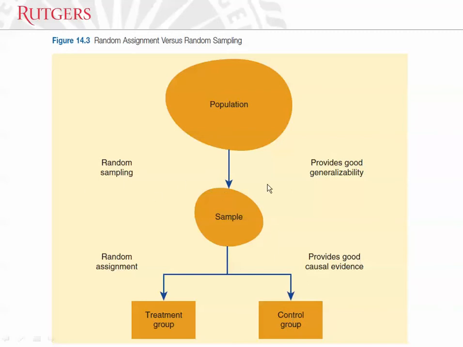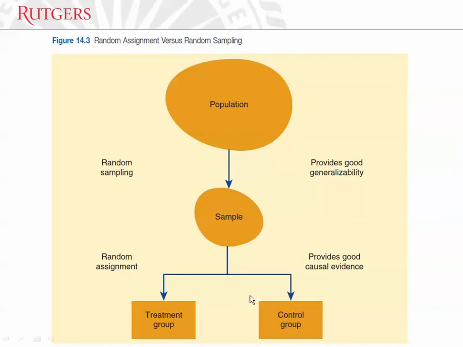So if you can imagine sort of a line crossing here, some studies involve just random sampling, right? They just involve a sample drawn from a population. Other studies just involve random assignment. They recruit the sample in some way through volunteers or some convenient sample, students or whatever, and they randomly assign them to treatment and control groups.